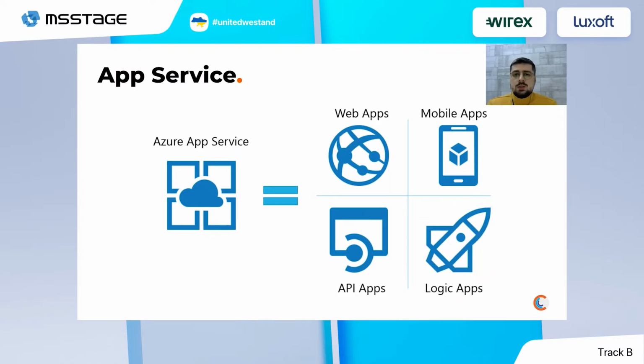Azure App Service is fully managed platform as a service hosting. You can run and host both Windows and Linux based web applications, mobile backends, API applications, Docker containers, Logic Apps, and even Azure Functions.